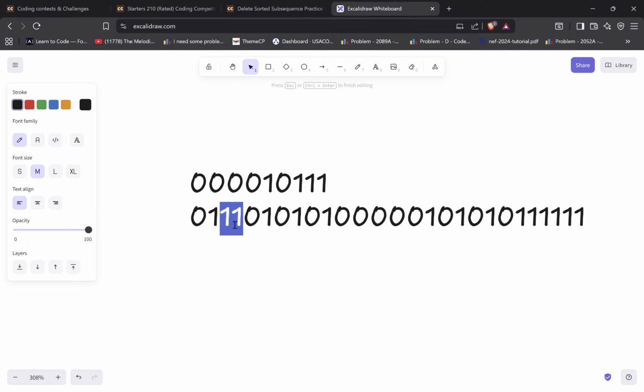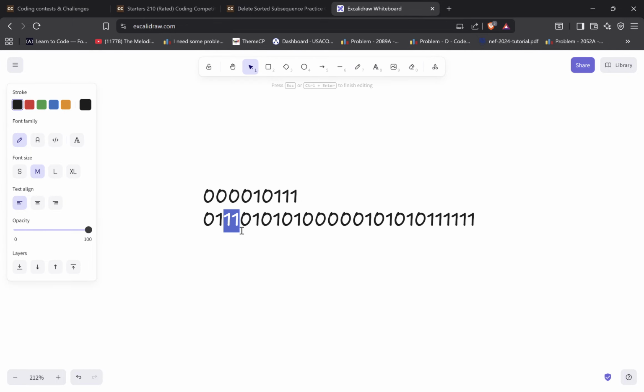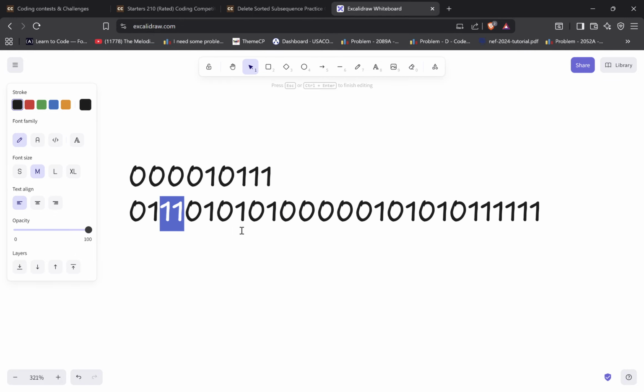I cannot have a 1 before I get any zeros, and this one is already paired up. So this will go into my vector, to say that there are ones present there. You can also make it a boolean, you don't necessarily need a vector. The boolean will just check if there are ones like these which occur before any zeros. So yeah, there are ones.